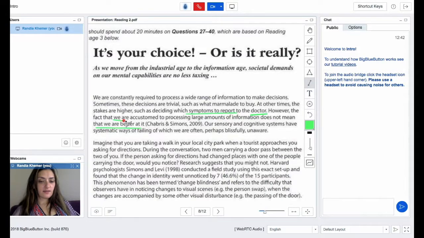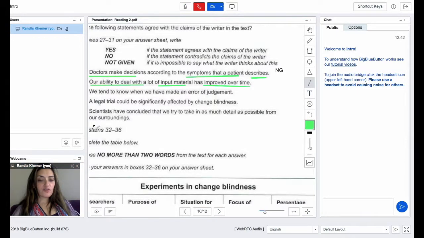We is our ability, right? So if you look here, our ability to deal, we are accustomed, a lot of input material, large amounts of information, has improved over time. In the passage, they said that we're not better at it. So this one is going to be false.